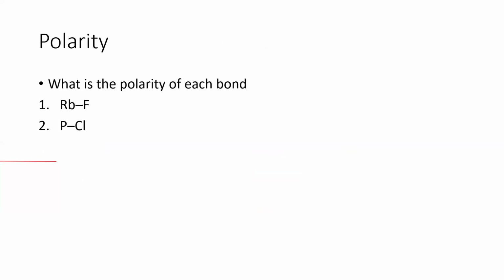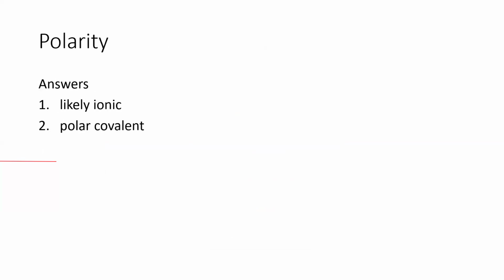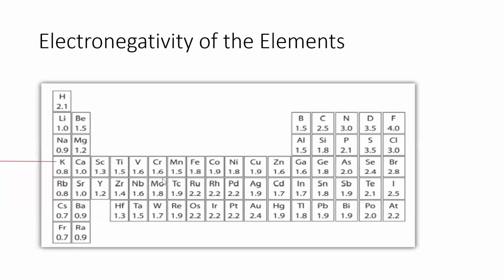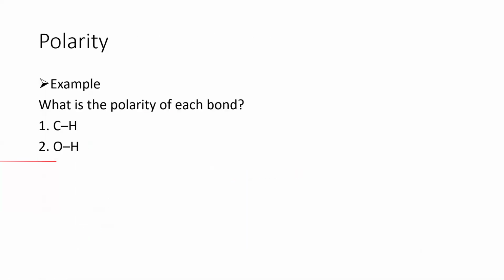Let's do this one. What is the polarity of each bond? Rubidium and fluorine, and then phosphorus and chlorine. So now they are likely ionic and polar covalent. All you do is go to the table. Rb, let's see here, 0.8. Then you go to the other one.